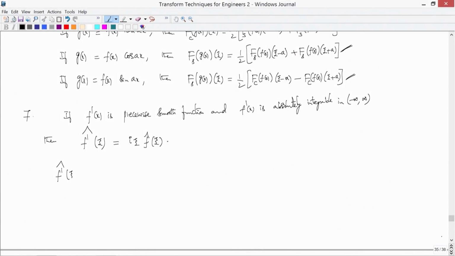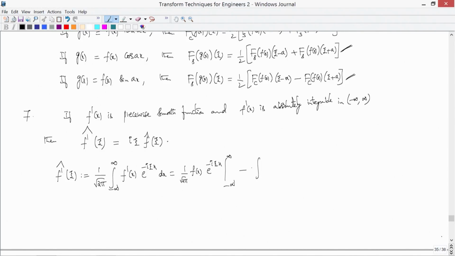The proof is: you start with the definition of the left-hand side, which is 1 by root 2 pi, integral from minus infinity to infinity of f dash of x e power minus i xi x dx. Now we do integration by parts. That gives f of x e power minus i xi x times 1 by root 2 pi, to which you apply the limits, minus minus plus minus.